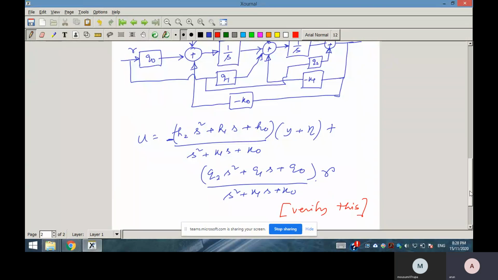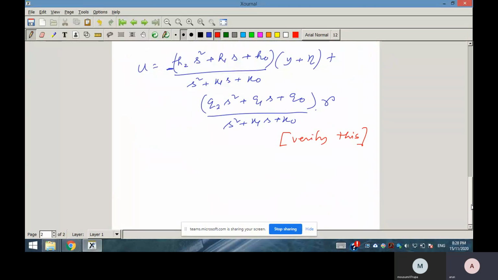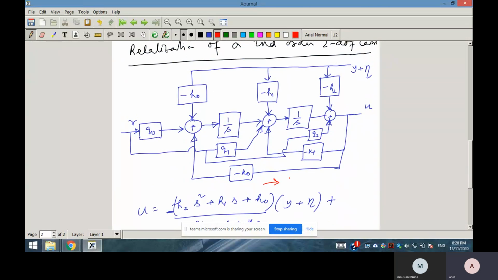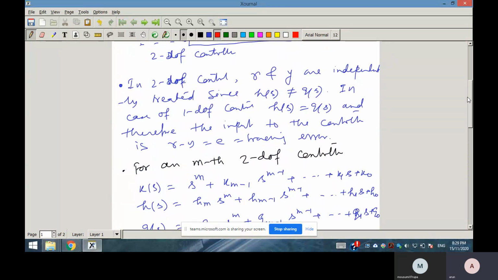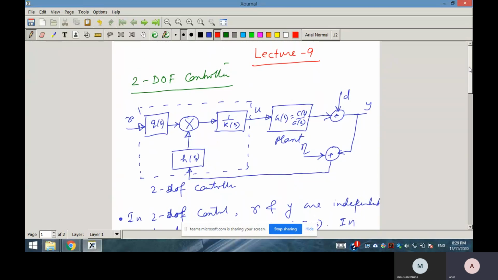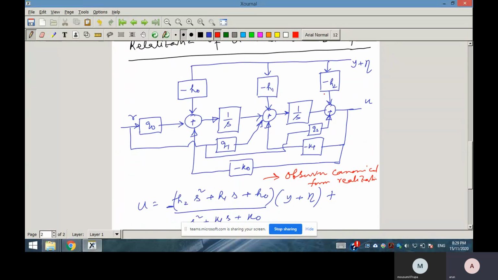This is also known as observer canonical form realization. Here I have just shown that although these are polynomials, in practice you can realize them using op-amps like this.